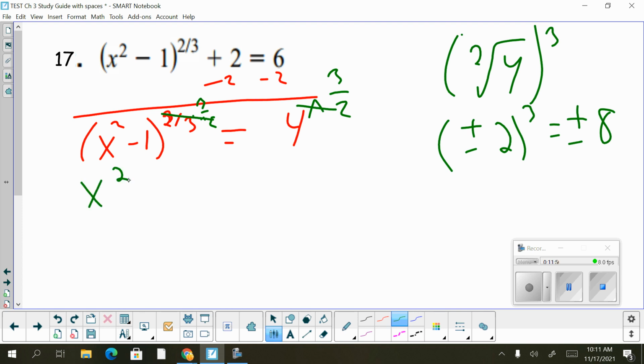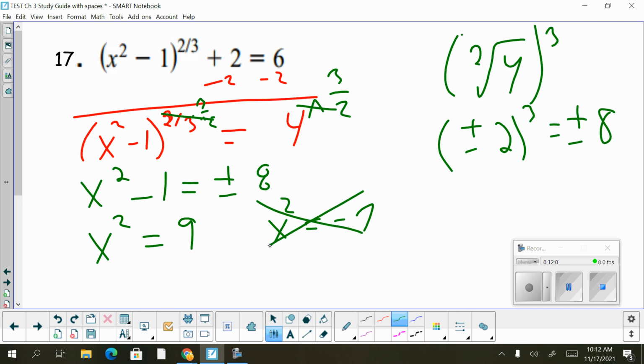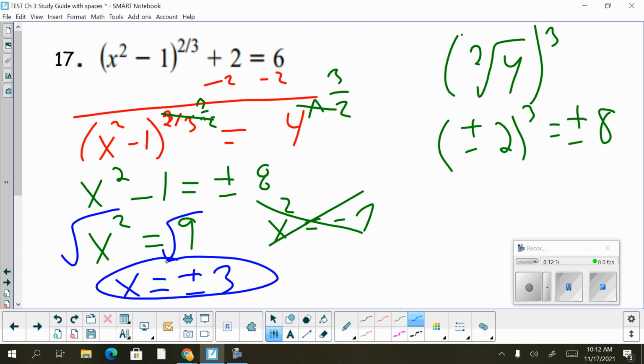If you have x squared minus 1 equaling plus or minus 8, when you move the 1 to the other side, positive 8 plus 1 is 9, but negative 8 plus 1 is negative 7. I can't square root a negative without imaginaries, so we're just going to stick with our real solutions to this problem. It's plus or minus 3. And I checked both of those, and they did both work, so we were a little lucky.